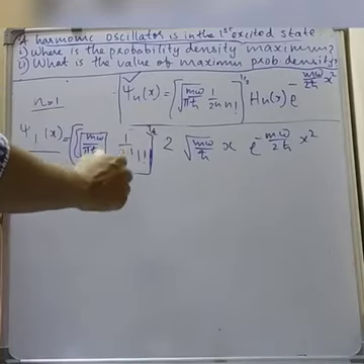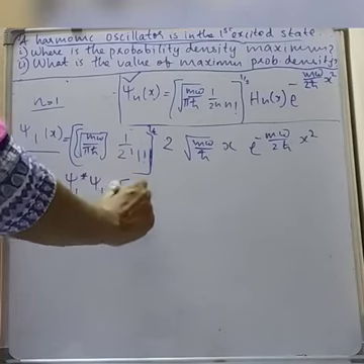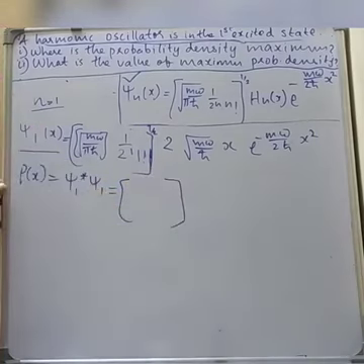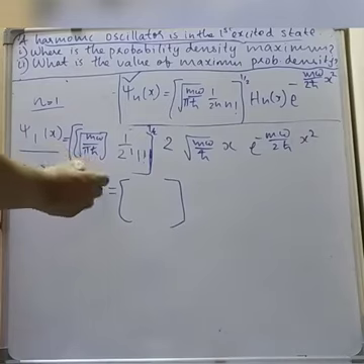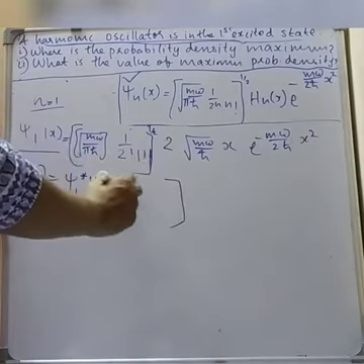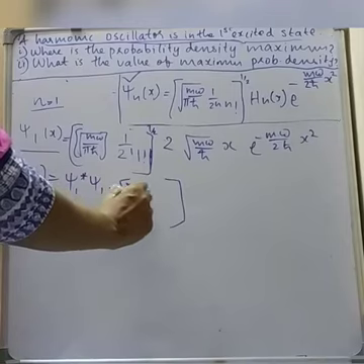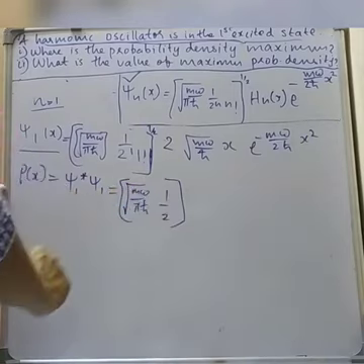So this constant will be squared. From both psi 1 star and psi 1 we have this constant, square root of m omega by pi h cut, raised to 1 by 2.